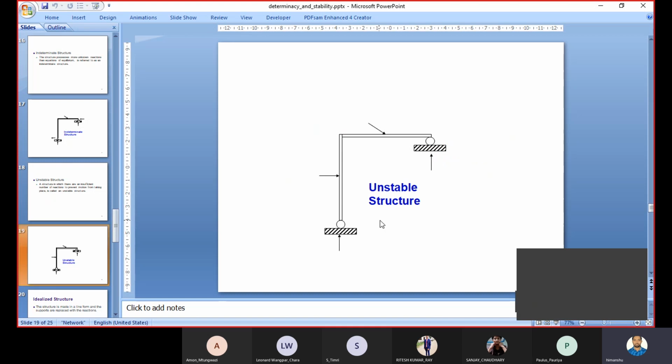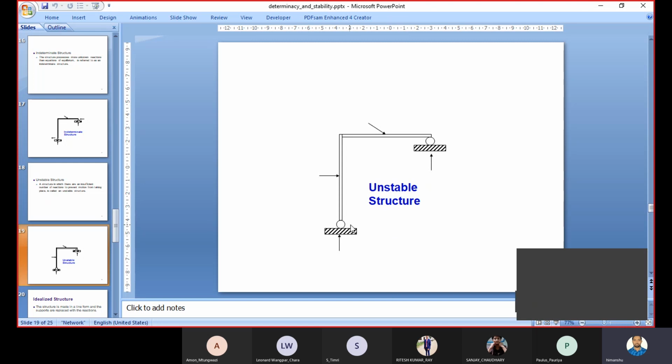See, this is an example of an unstable structure. It is supported at both the ends by a roller support. So there is only one reaction, which is in the vertical direction at each support. What does it mean?